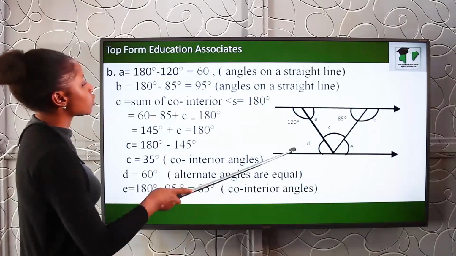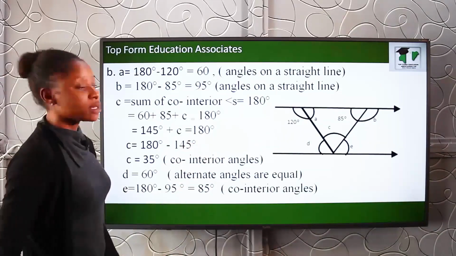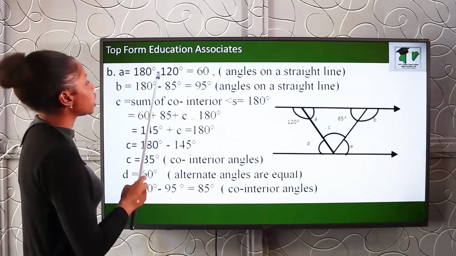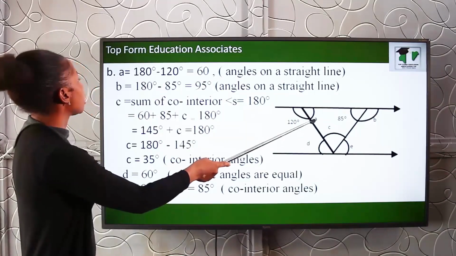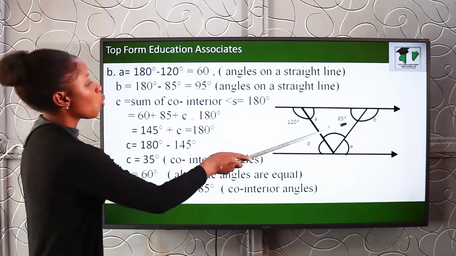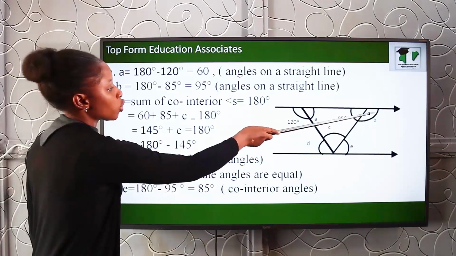Now the B part asks us also to find the value for all these letters. Similarly, we're going to subtract from 180 because angles on a straight line add up to 180. That's how we got our A here, and we're going to get B by subtracting 85 from 180 because there is also a straight line here.